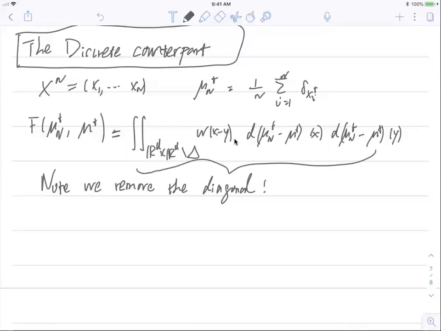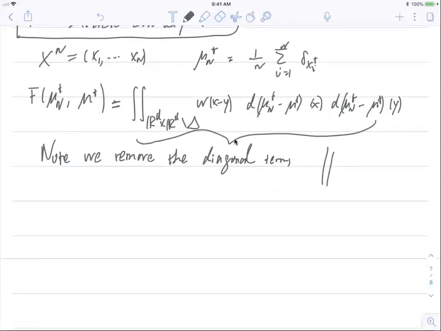They are quadratic, with diagonal terms. So if we expand these, what do you get? There are four terms, and there is one term like this: omega x minus y, d mu n t x, d mu n t y, right?